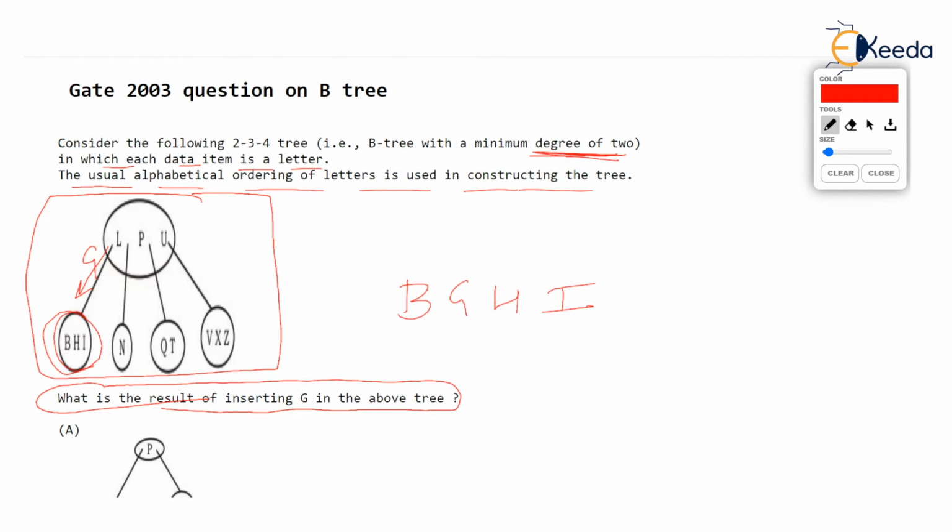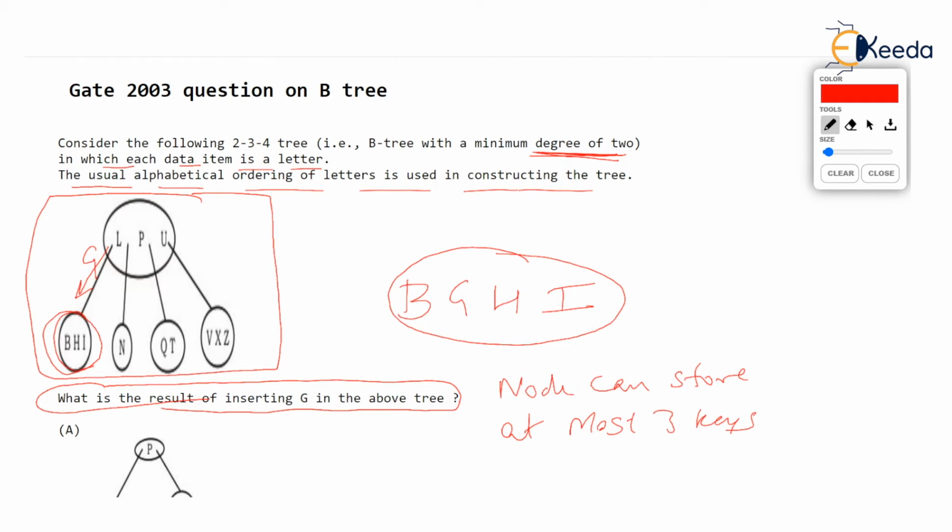But how can you store BGHI? Hello, I hope you are understanding. The node can store at most 3 keys, isn't it? But now how can you store G in this? At most 3 keys, because 4 pointers are allowed, maximum 4.